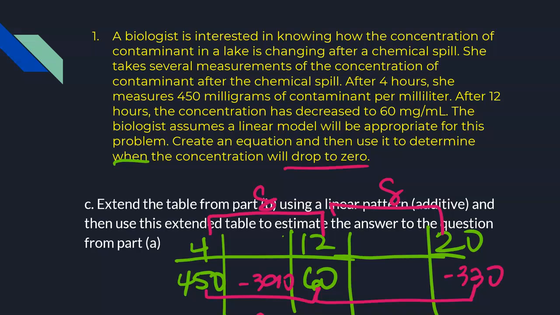So how about if we try in between 4 and 12? Sorry, 8. When it is 8, the average of 450 and 60 is 255.